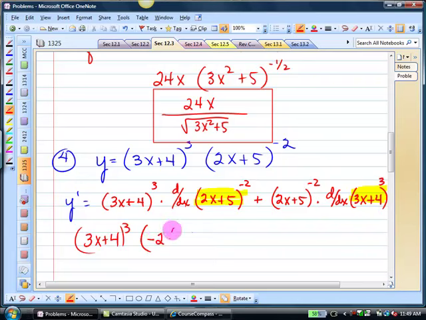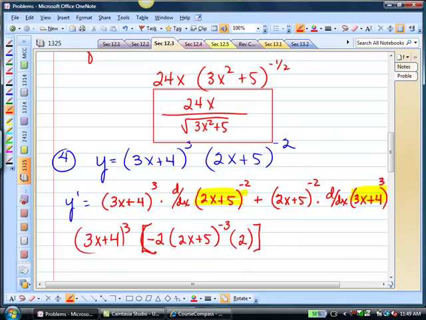Negative 2 times 2x plus 5 to the what? Negative 3 times 2. And so actually, maybe that should be a bracket.